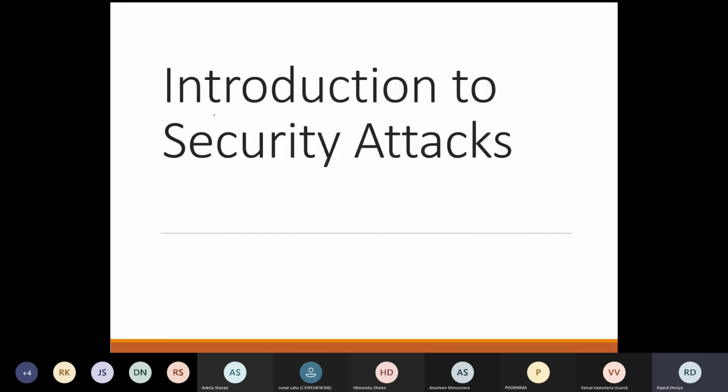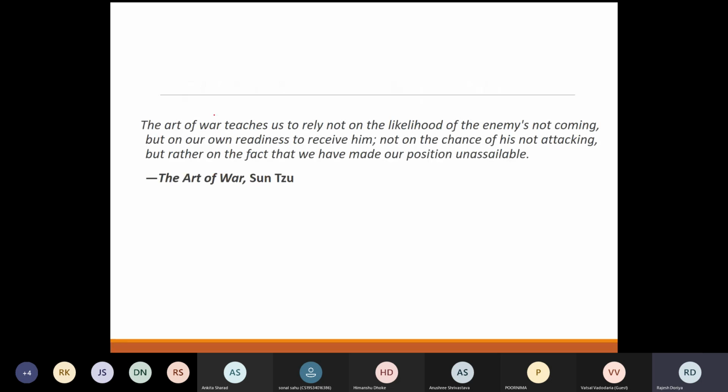Then we are going to see some security attacks in network security, and it is totally based upon this particular quote. What it says is that the art of war teaches us to rely not on the likelihood of the enemy not coming, but on our own readiness to receive him; not on the chance of his not attacking, but rather on the fact that we have made our position unassailable.